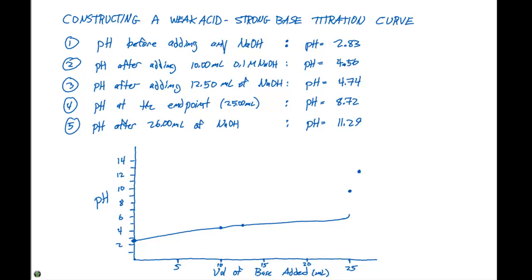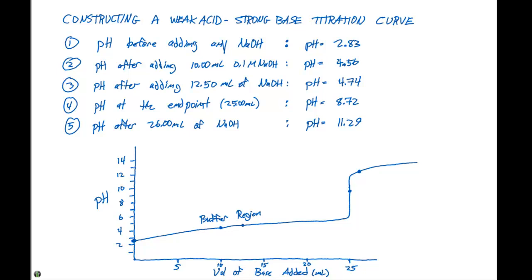Once we reach the endpoint, we're going to see a steep jump in pH, and then it's going to tail off just like it did for our titration curve between a strong acid and a strong base. Down here in this area is going to be the buffer region. But remember that buffers only work over a certain buffer capacity, and then we're going to see a steep jump.